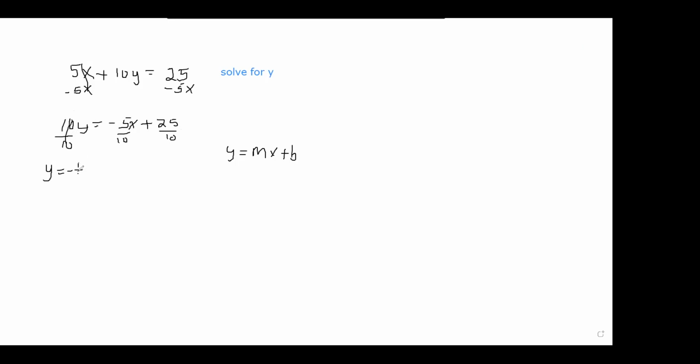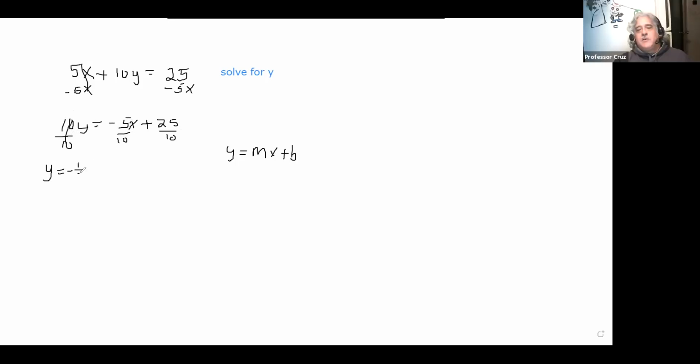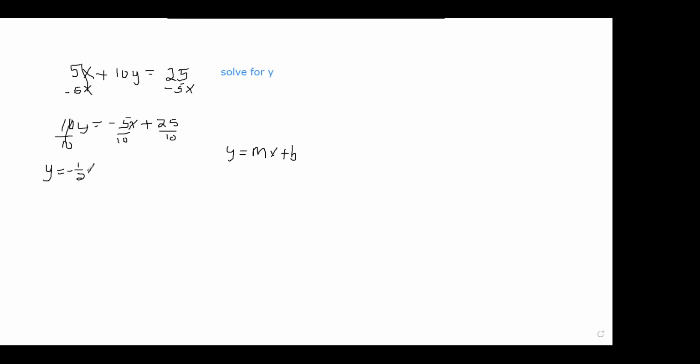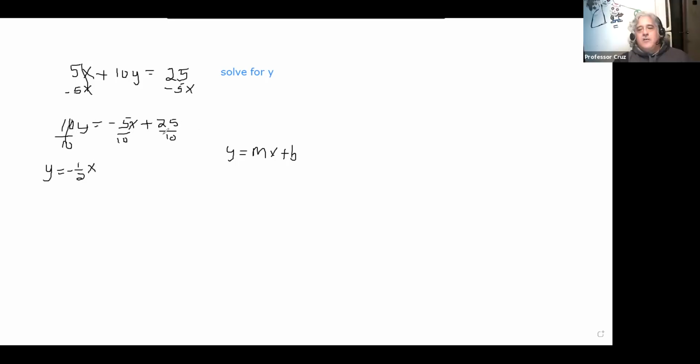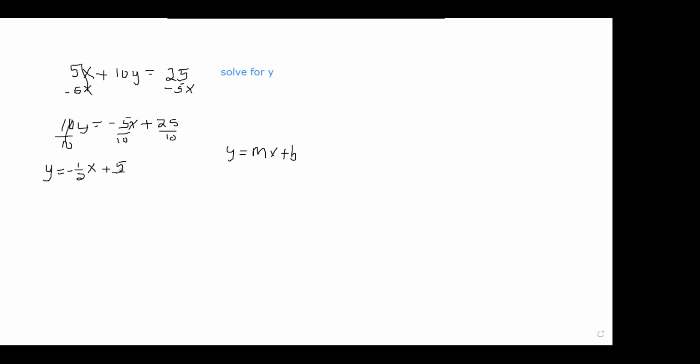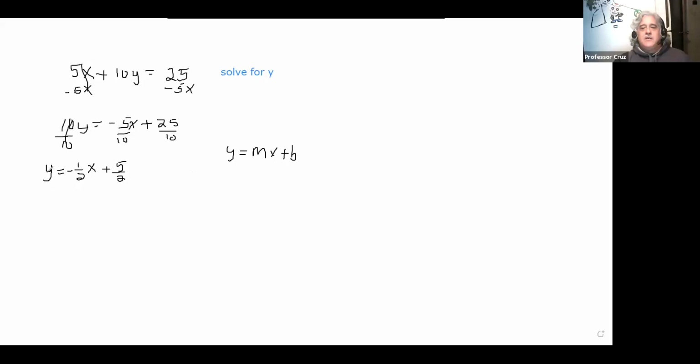No, wait. 5 goes into 10 how many times? 2, so 1/2. And this, all you can do is simplify it down to 5 halves. But see, that's the y is equal to mx, so the slope is negative 1/2, and then the y-intercept is 2.5.